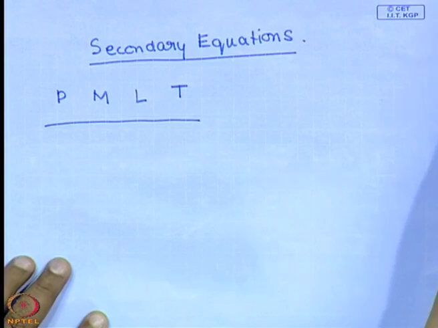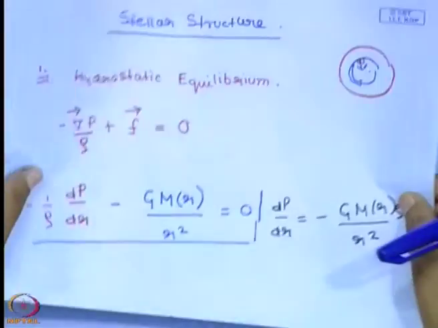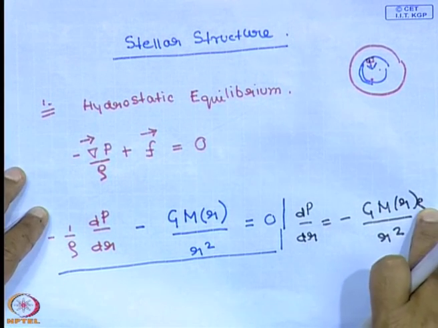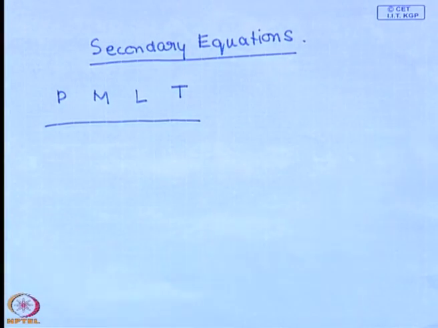for example, if you look at the first equation, you have the density, right. So, for the density, one has to use the equation of state.